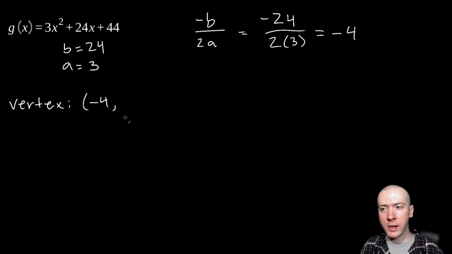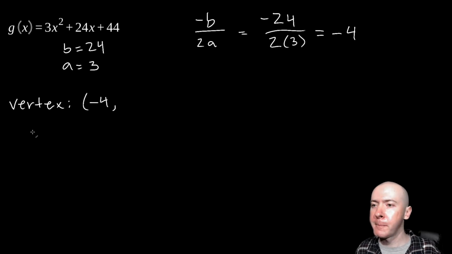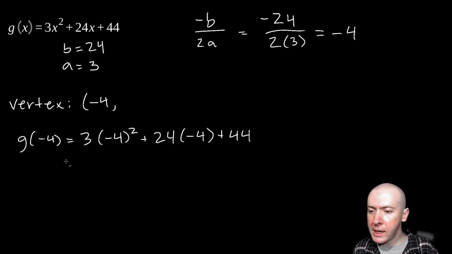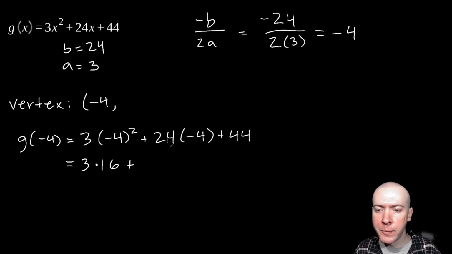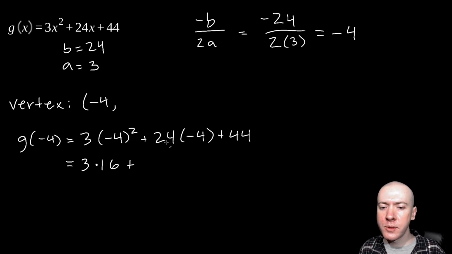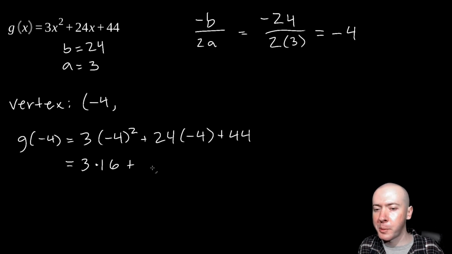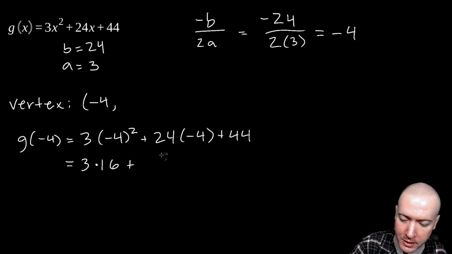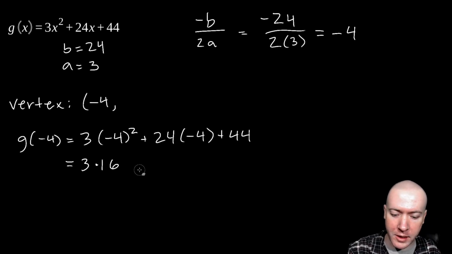And we need to find the y-coordinate of the vertex. So we plug negative 4 into the function. Okay, negative 4 squared is positive 16. So 3 times 16 goes right here. What is 24 times 4? We worked that multiplication out in a previous example. It's 96, right? So this next term is actually going to be minus 96.